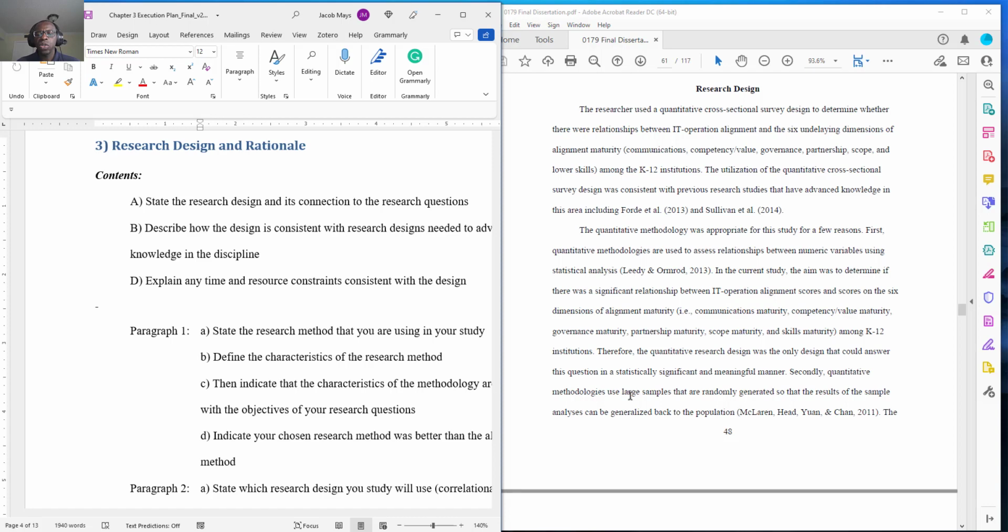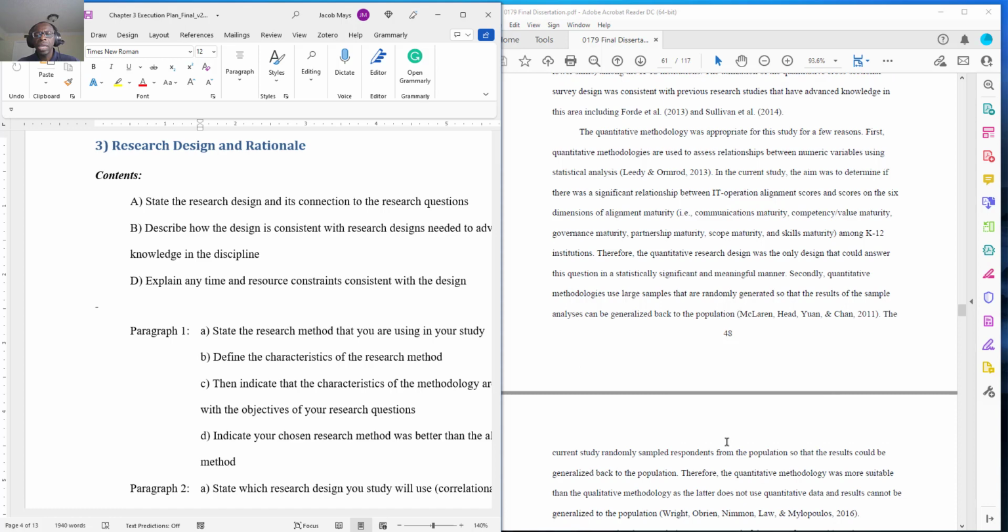Quantitative methodologies use large samples that are randomly generated so that the results of the sample analyses can be generalized back to the population. Characteristic of the design. The current study randomly sampled respondents from populations so that the results could be generalized back to the population. Characteristic of the design, characteristic of the study.